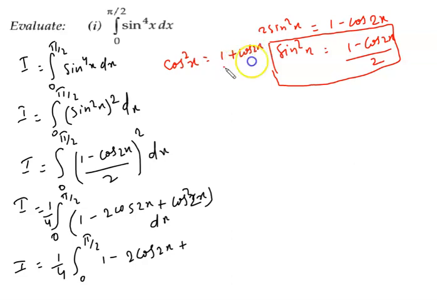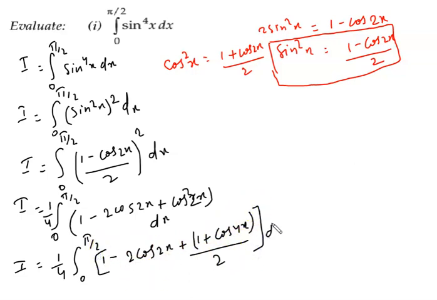The angle here is double of that angle, so cos square 2x can be written as (1 plus cos 4x) by 2, into dx. Are you getting my points?